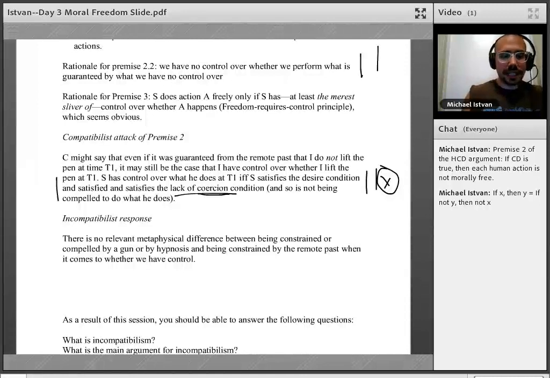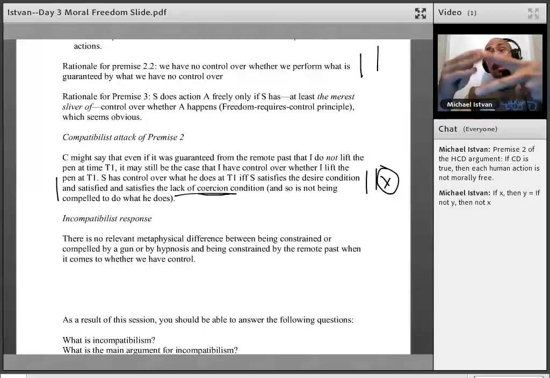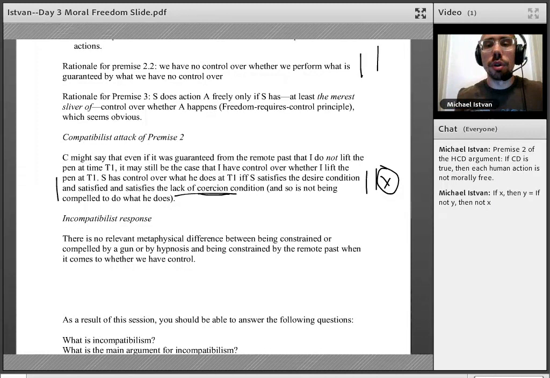That's the idea. So according to this account, clearly we can have control over our actions, even if all our actions are guaranteed by the remote past that we have no control over. Even if it was guaranteed by the remote past that I don't lift the pen at time 1, it may still be the case that I have control over whether I lift the pen at time 1, so long as I meet those two conditions, which arguably, the compatibilist says at least, can be met even if CD is true. So you guys see that?